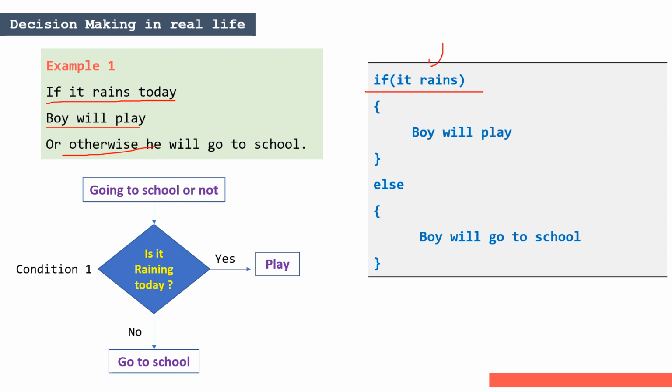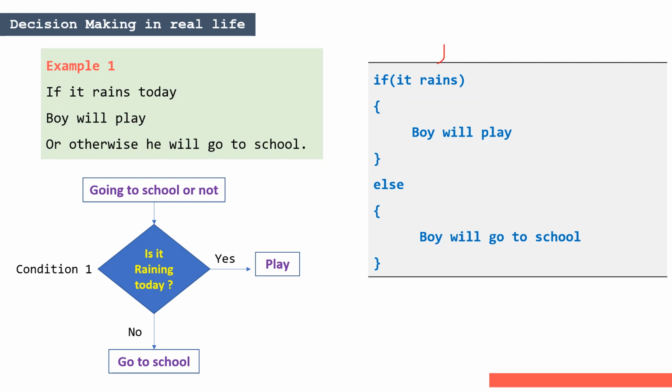So the condition is there should be rain. If it rains, then it will go inside this if statement. So the action is the boy will play. If it doesn't rain on that day or any particular day, else the action will be the boy will go to school, right? So in this way you can represent an if else statement, right?